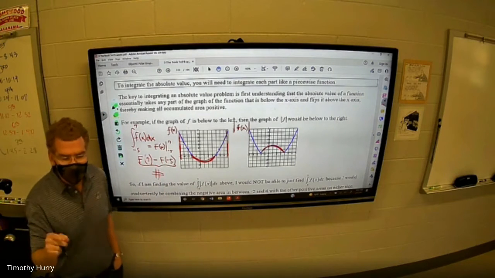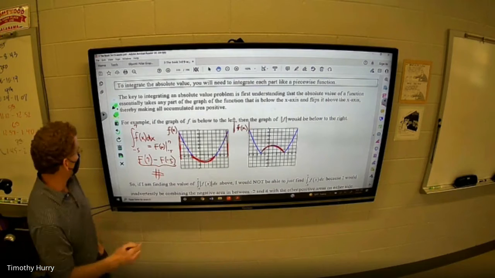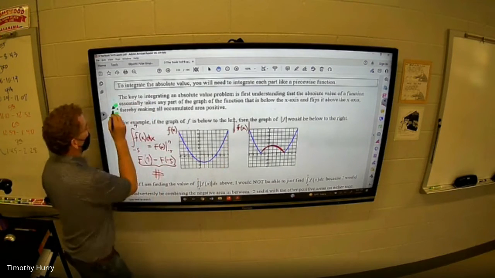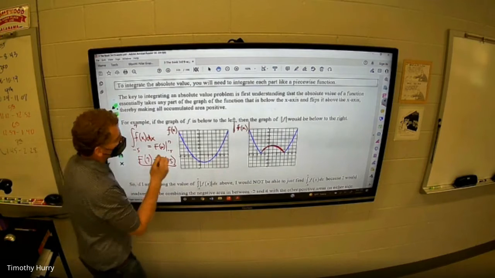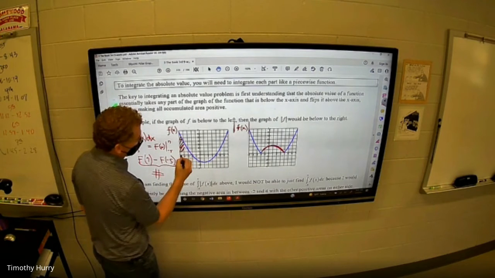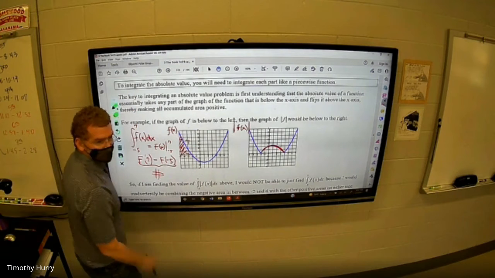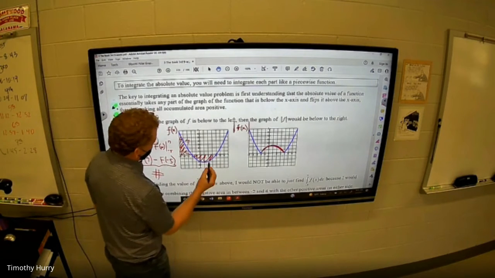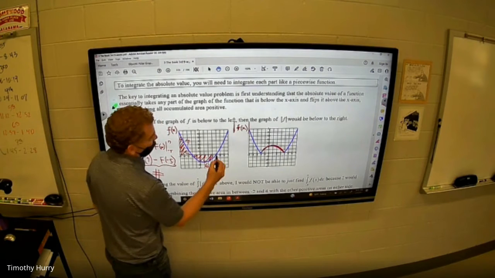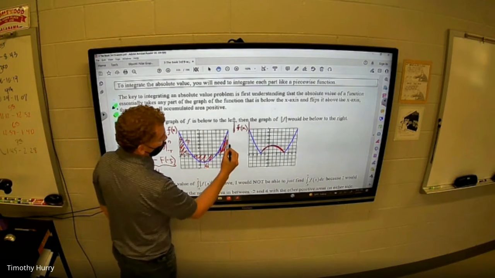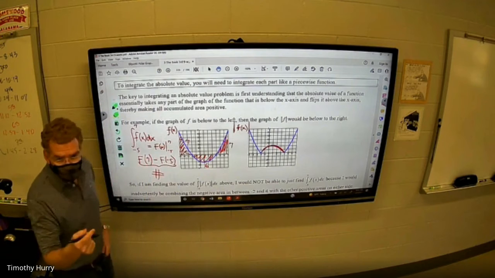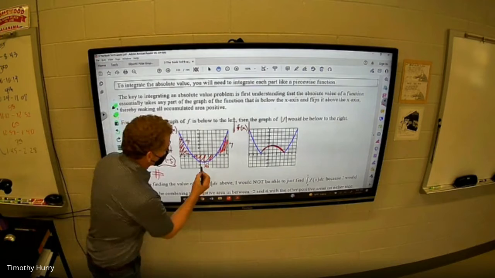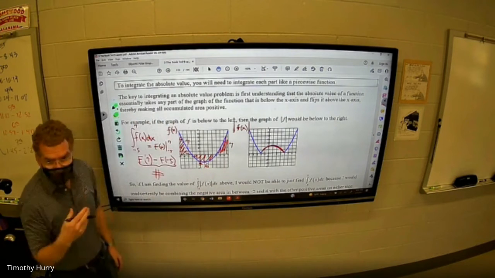Now, what your answer would be, guys, if you don't know this, and I'm going to approximate this for you, let's just say that this area right here represented a 7, and the area right here represented, maybe a 6, and this would be a 7. Well, your fundamental theorem knows to make that part below a negative.